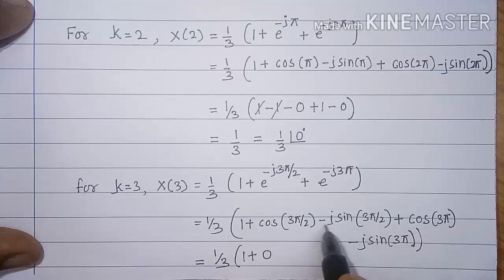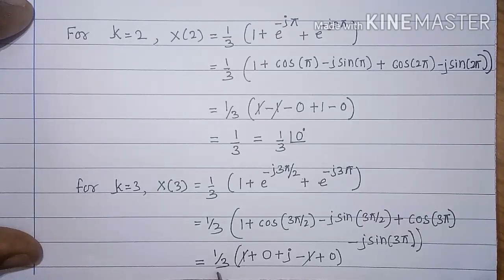Minus 1 into minus j will become plus j. Cos 3 pi is minus 1. Minus j sin 3 pi is 0. So here minus 1 and plus 1 will cancel.